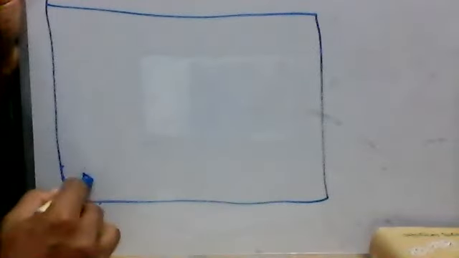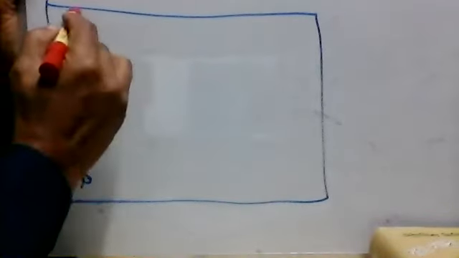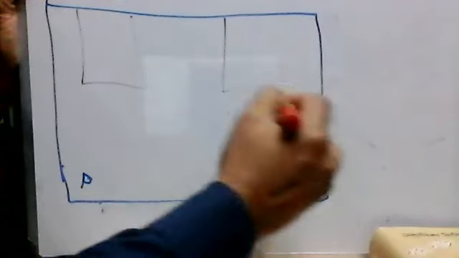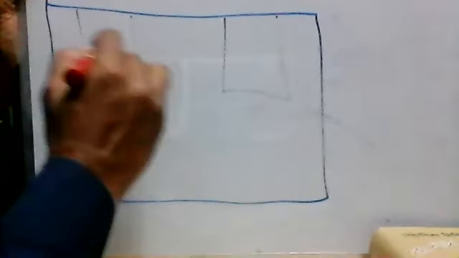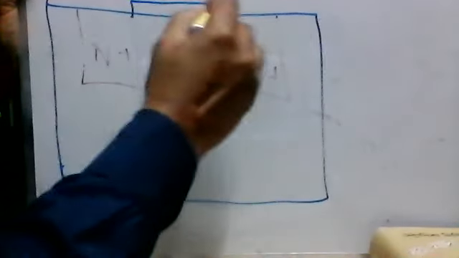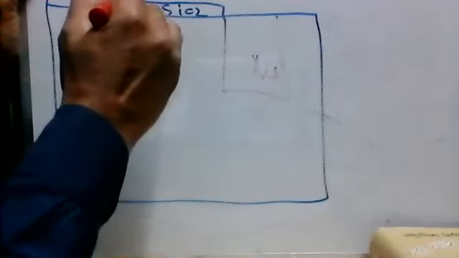So this is a P-type substrate, and we put in here N plus and N plus, and then we put silicon dioxide layer, and then on top we'll put a polysilicon.